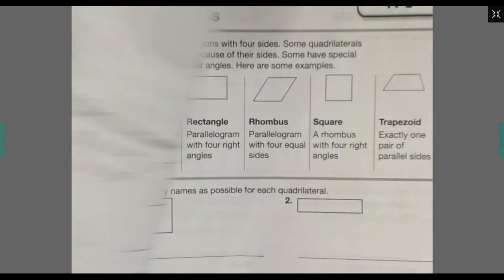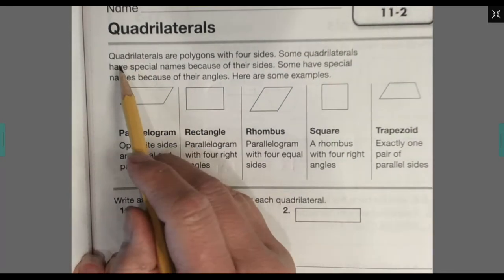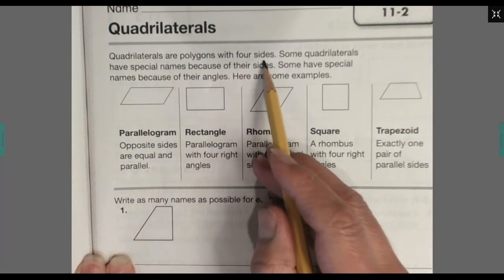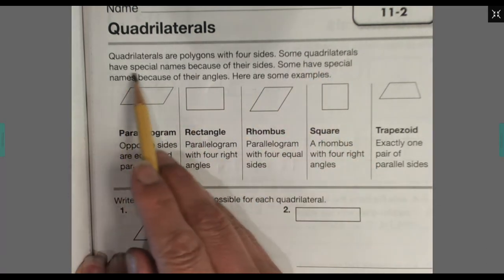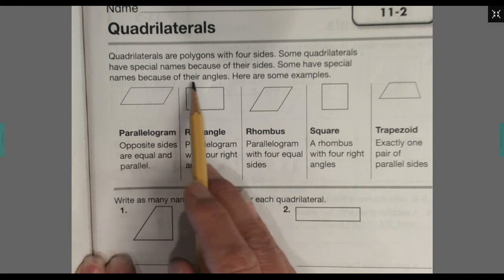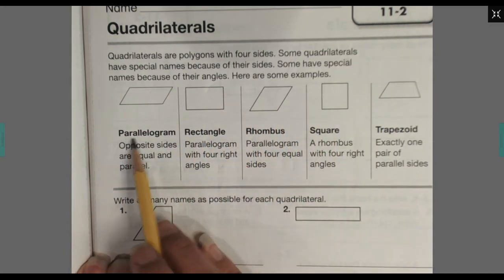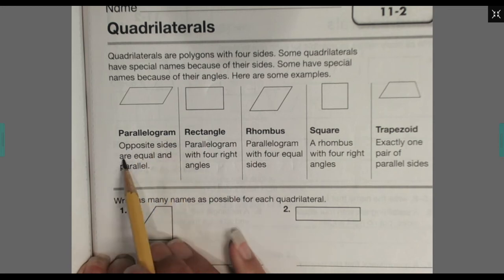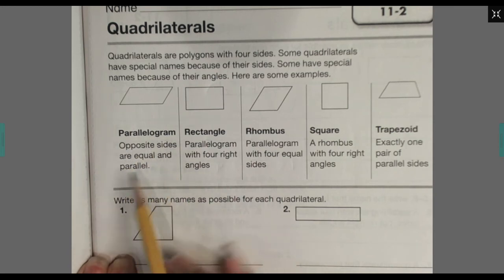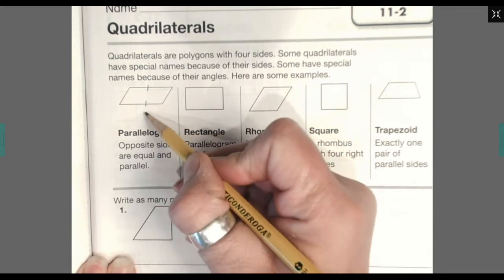Okay, now looking at quadrilaterals alone. Quadrilaterals are polygons with 4 sides. Some quadrilaterals have special names because of their sides. Some have special names because of their angles. Here are some examples. Parallelogram. Opposite sides are equal and parallel. Notice how this side and this side are equal to each other.